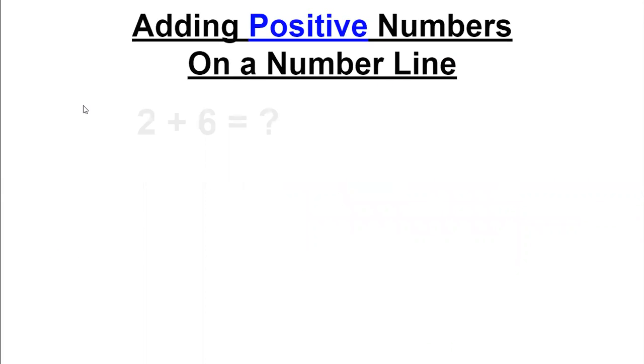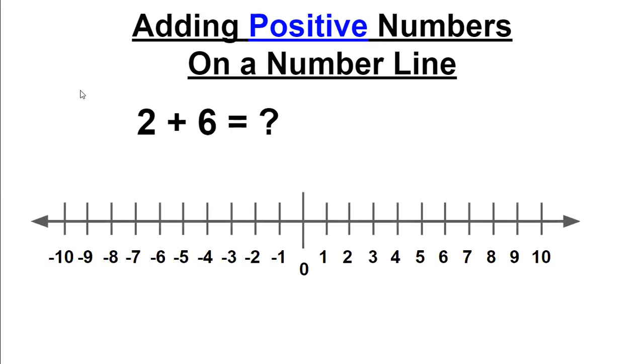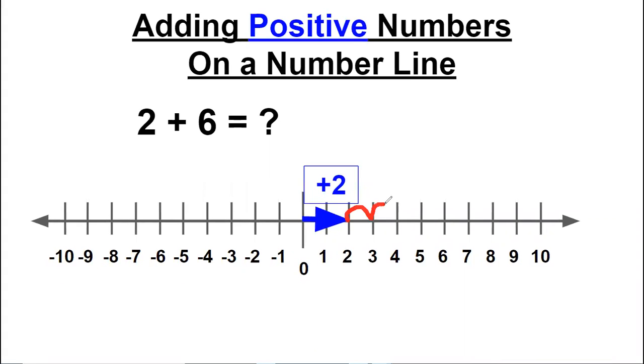Try another one. What does 2 plus 6 equal? We're going to show it on the number line. So let's put our number line back. So there's 2. We're going to add 6 more. So again, when we add our 6, we're going to start where the 2 left off. We're going to go 1, 2, 3, 4, 5, 6.